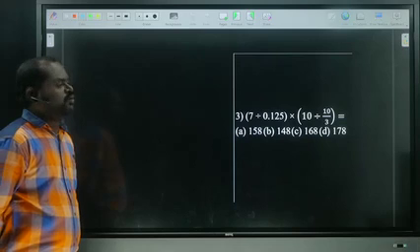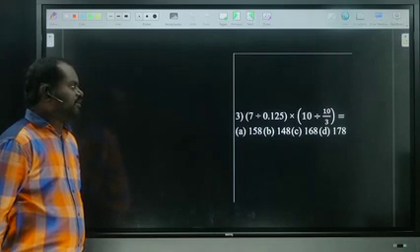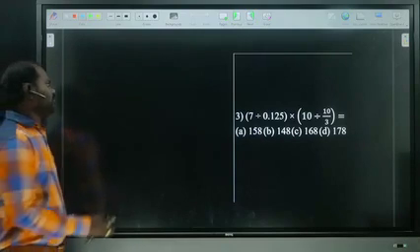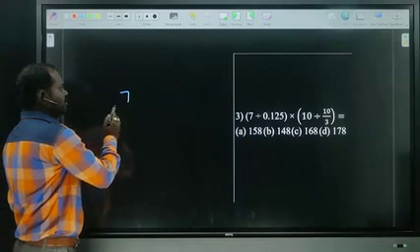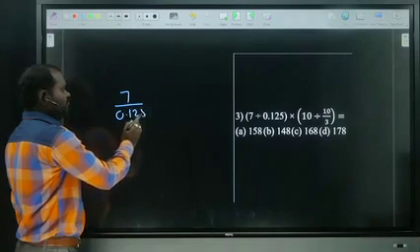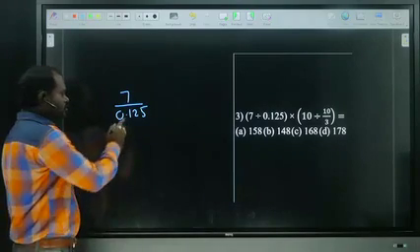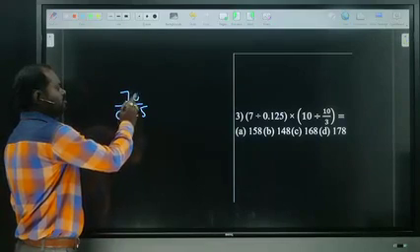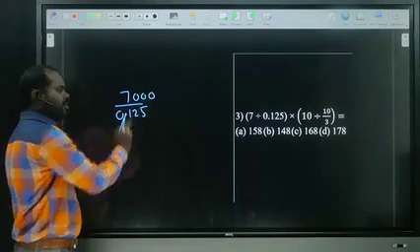7 divided by 0.125 into 10 divided by 10 by 3. Now 7 divided by 0.125. If you remove the point, how many zeros will you get? 3 zeros, because after the point there are 3 numbers.